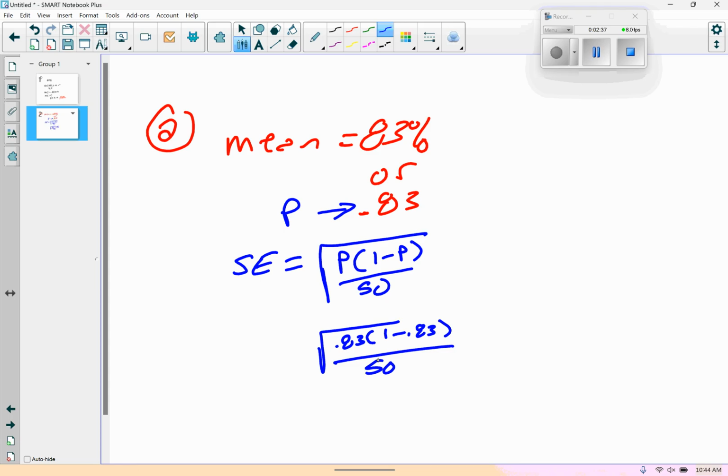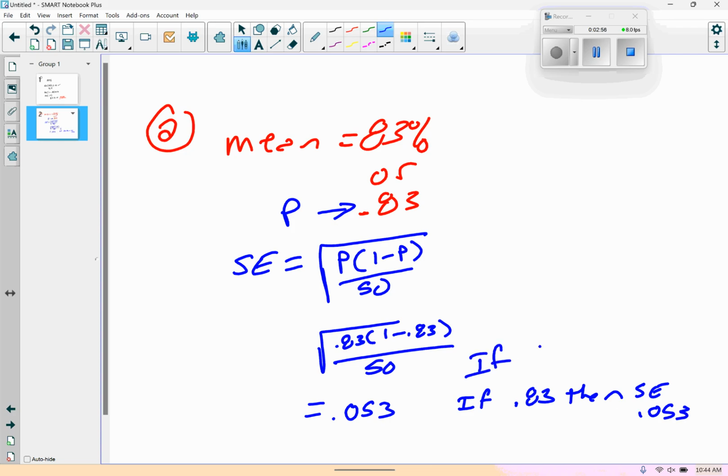If we do this correctly on a calculator, it should come out to 0.053, if I'm using the 0.83.